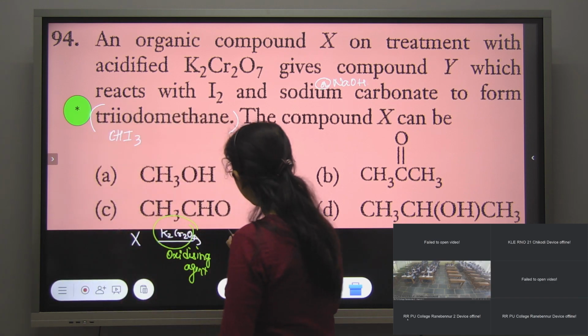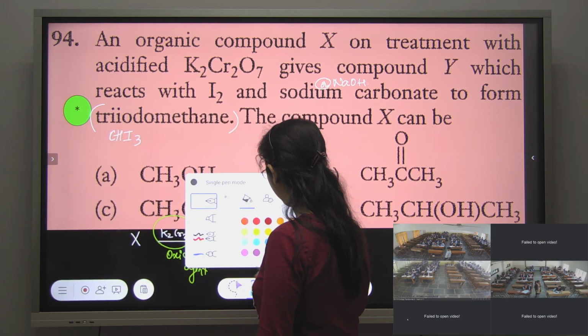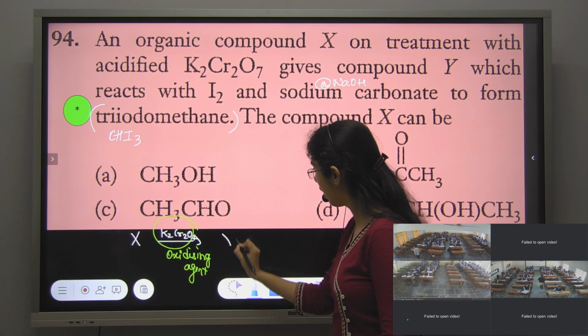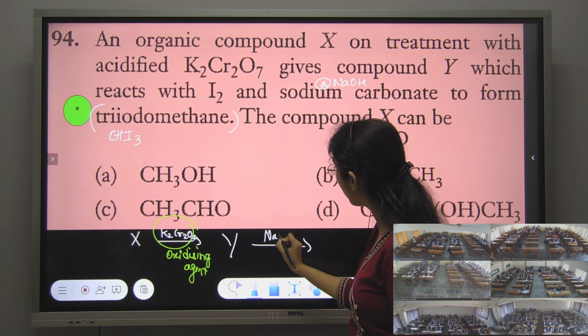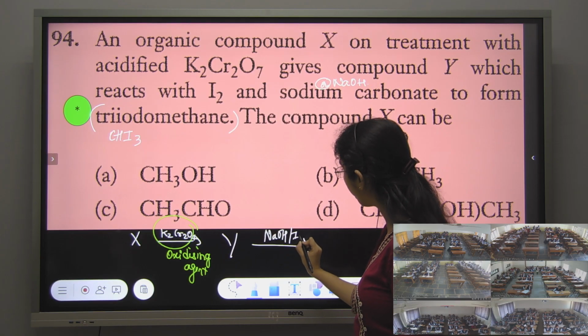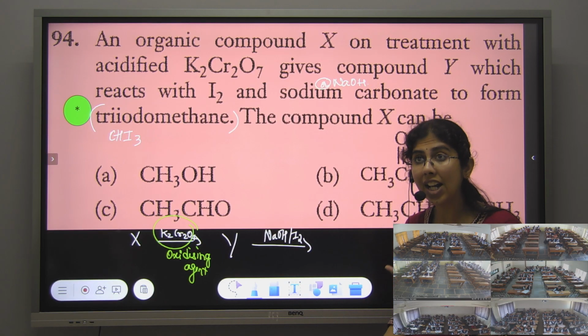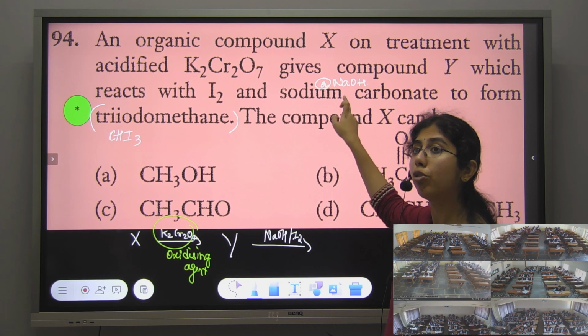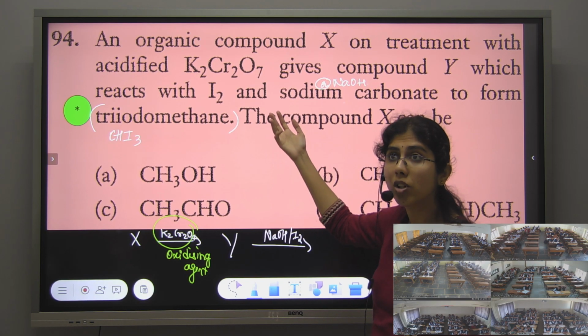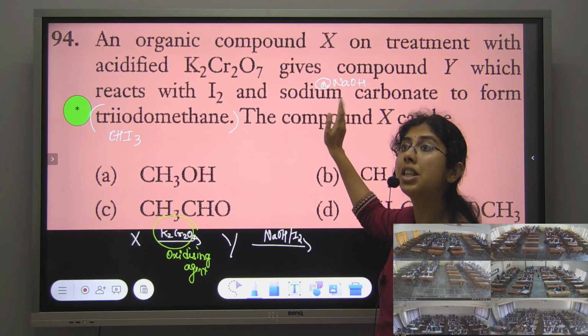It should give a compound Y, which on reaction with NaOH and I2, the iodoform reagent. Iodine along with sodium hydroxide, they can also give sodium carbonate, or potassium hydroxide. Any base they can give.